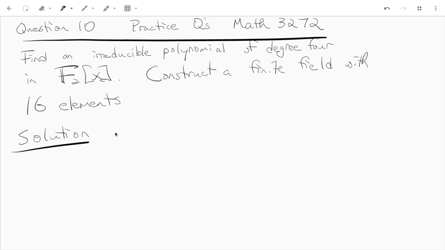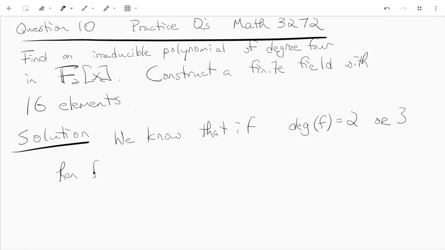So we know that if the degree of f equals 2 or 3, then f is irreducible if and only if f has no roots in the field. Well, in this case it's F2.